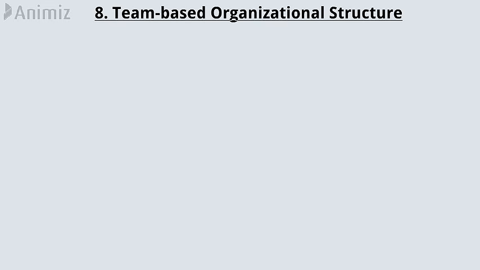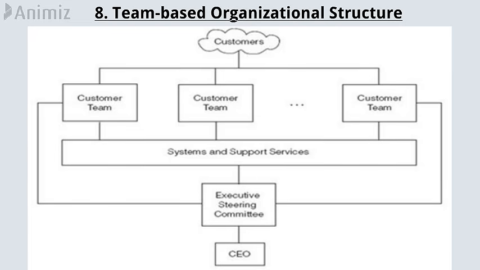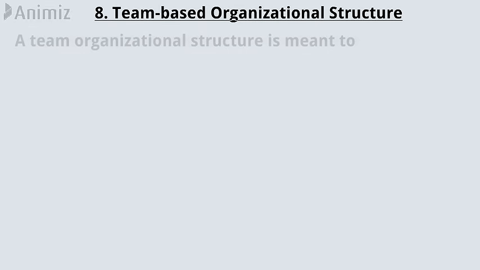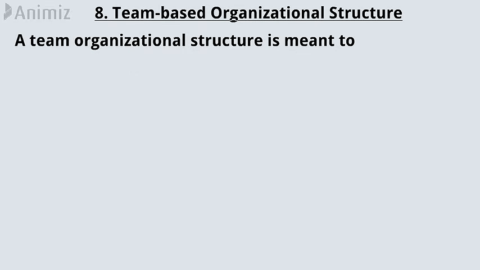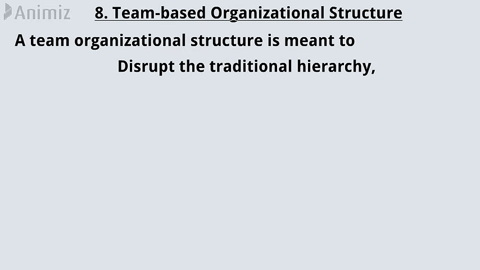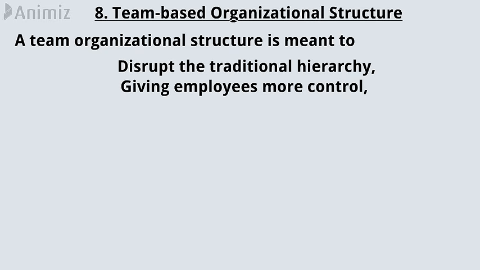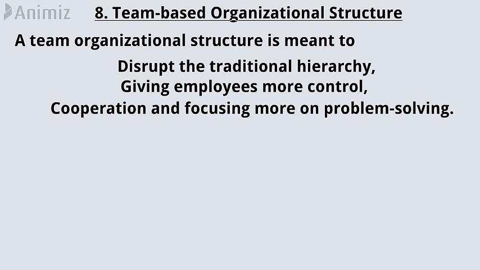8. Team-based organizational structure. The team is the newest organizational structure, developed in the 20th century. In a small business, the team-based structure defines the entire organization. It can be both horizontal and vertical. A team-based organizational structure is meant to disrupt the traditional hierarchy, giving employees more control and cooperation and focusing more on problem solving.